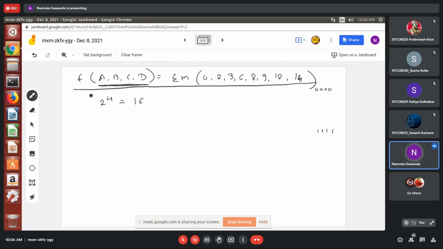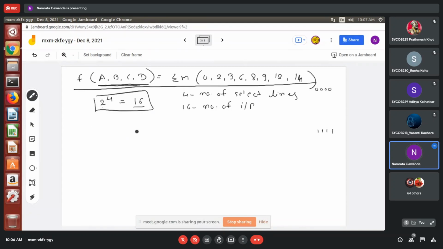This means I can realize this particular expression using a 16 to 1 mux, because there are four variables, so 2 raised to power 4 equals 16. Four is the number of select lines, and 16 is the number of data inputs.